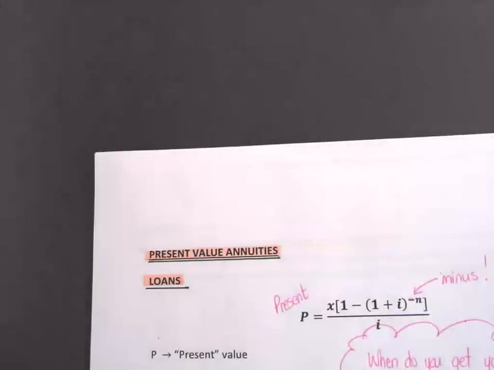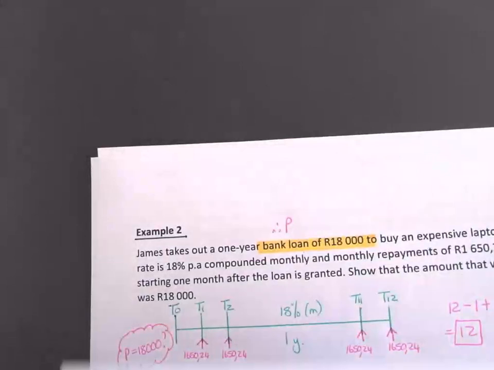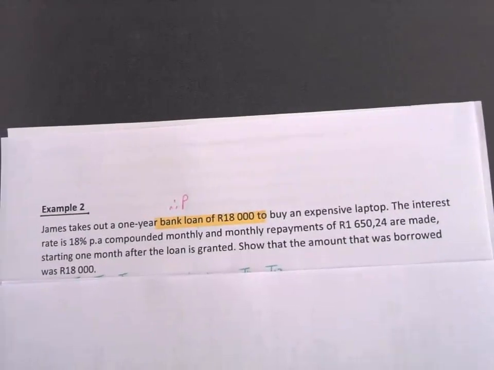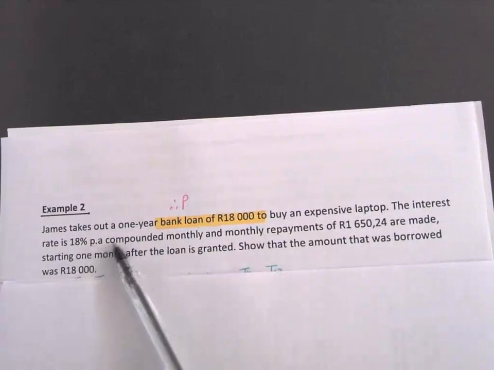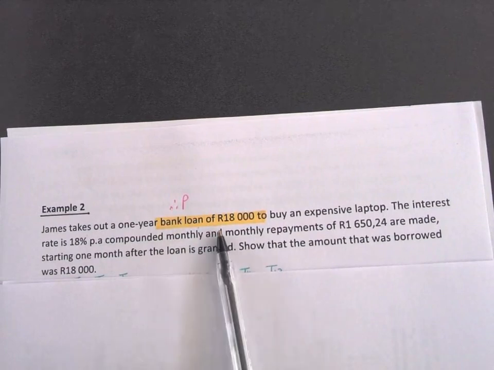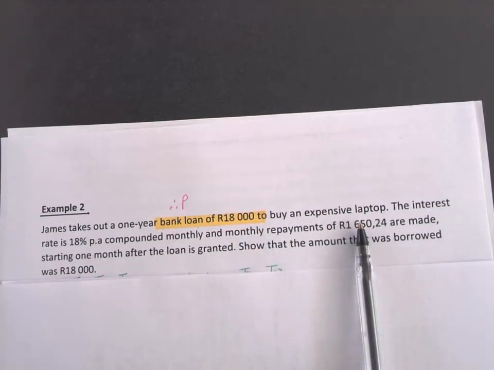Let's look at the second example. Jane takes out a 1-year bank loan, therefore the P formula, of 18,000 Rand to buy an expensive laptop.